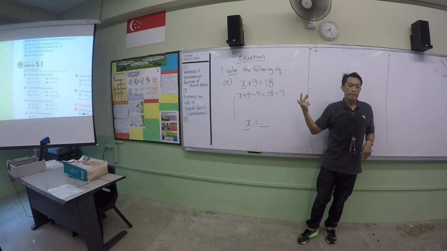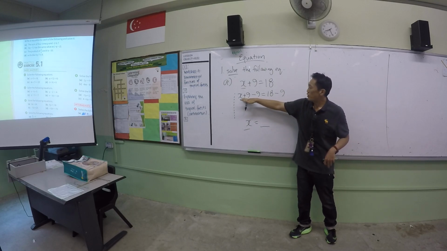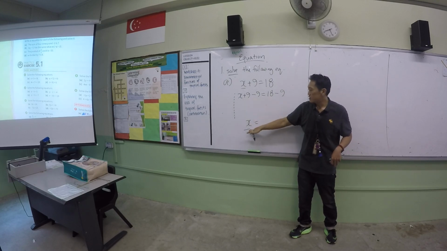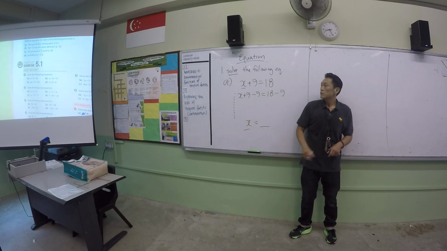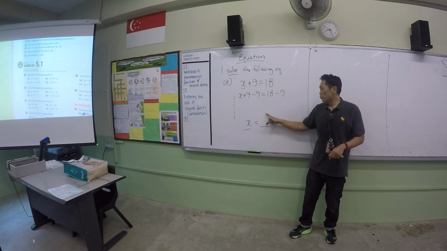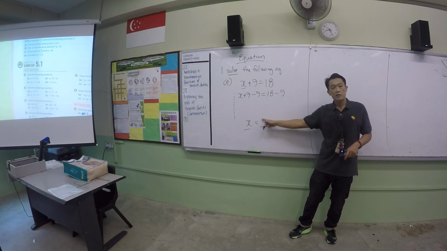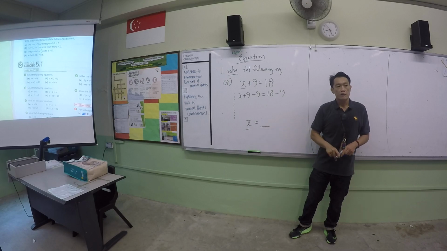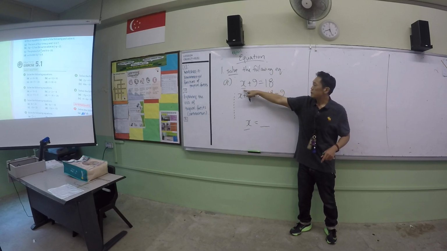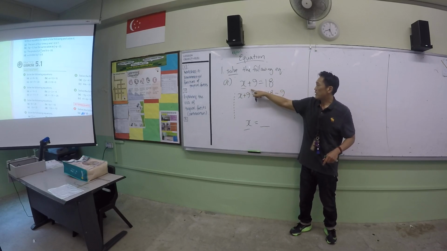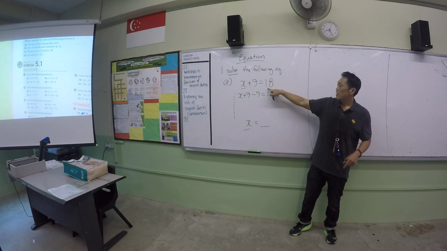So why do we minus the 9? Because we want to remove the 9. Because finally I only want x. Then I can know what is x. But by doing that, how do you even get that x? The equation tells you that left hand side got x plus 9, right hand side got 18.